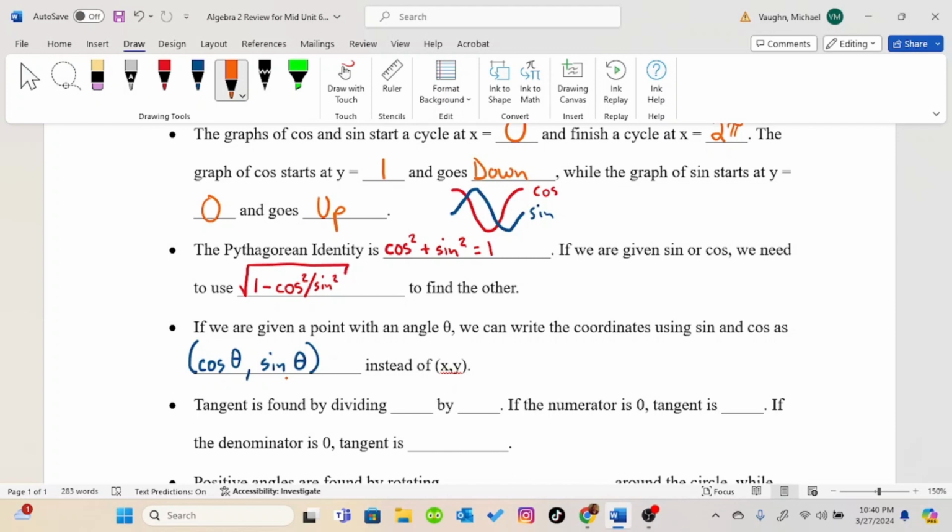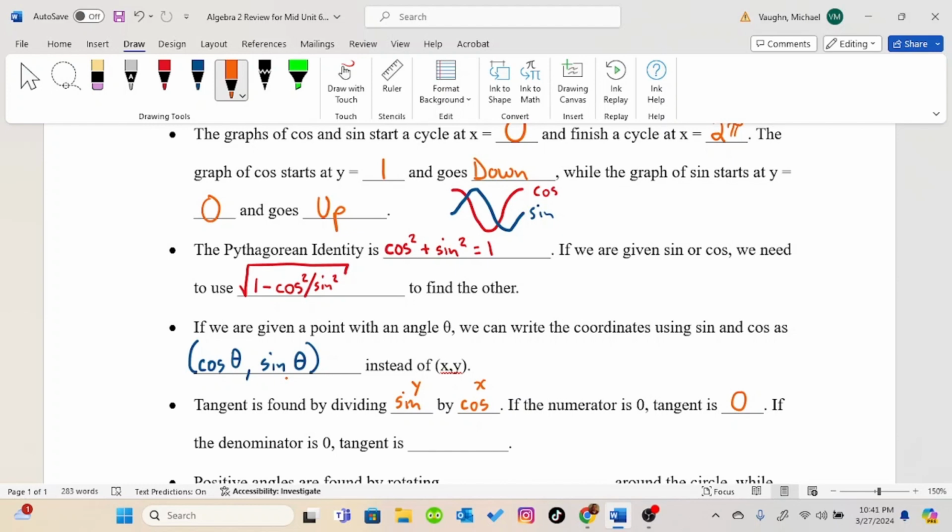Tangent is found by dividing sine by cosine, or y by x. If the numerator is 0, then your tangent is 0, because 0 divided by anything is 0.